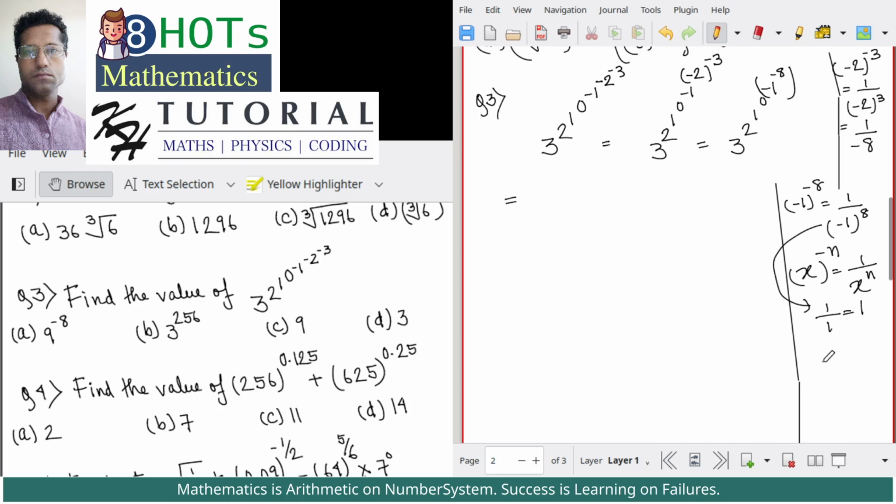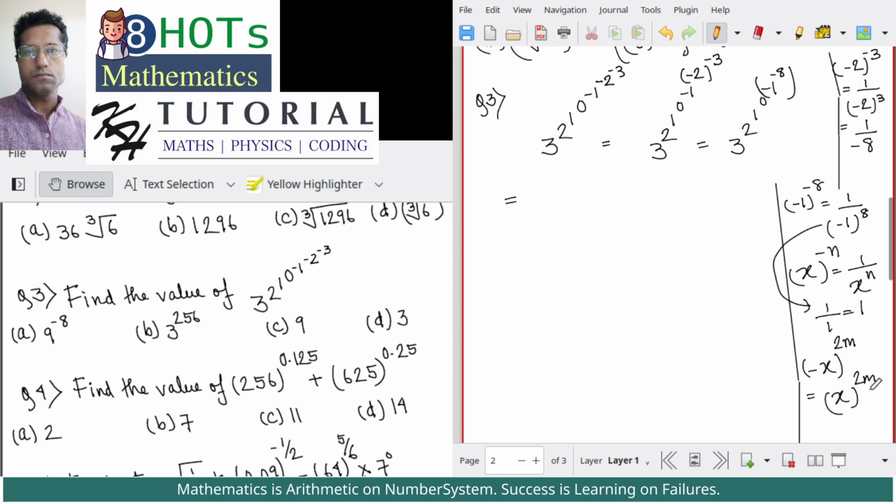So another concept is that if you have an exponential form where the base is some negative number, let's say minus x, where x is a positive number, it could be integer or rational, but x is positive, so minus x will be negative. When a negative base is raised to some even power, let's say twice m, which could be negative even or positive even, irrespective of that, if it is even, the result will always be x to the power twice m.